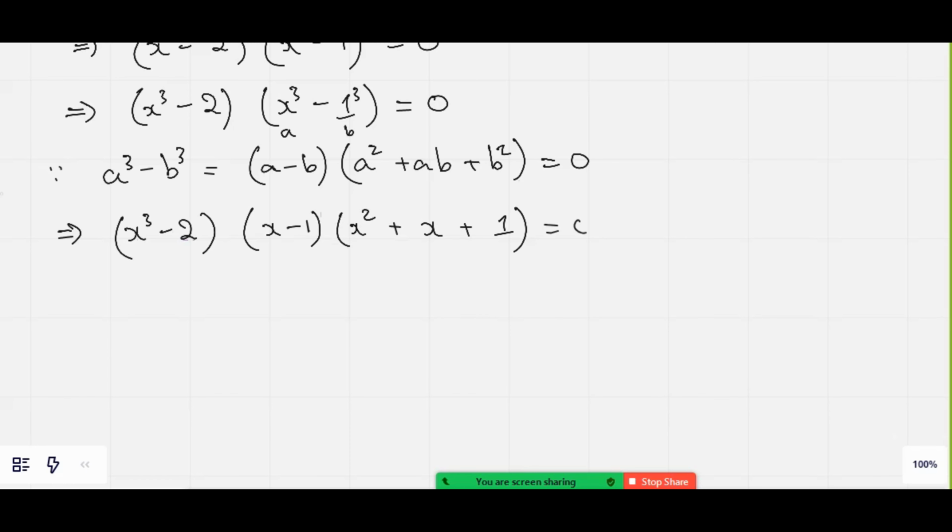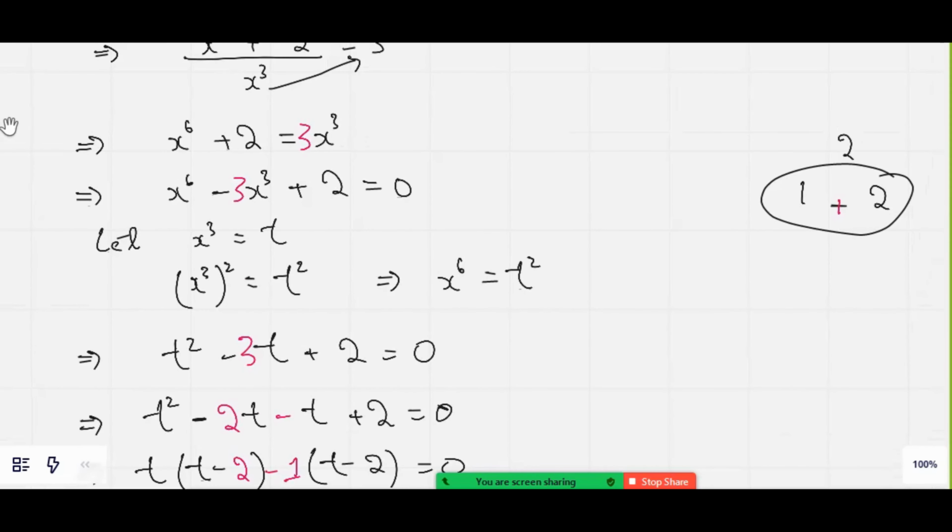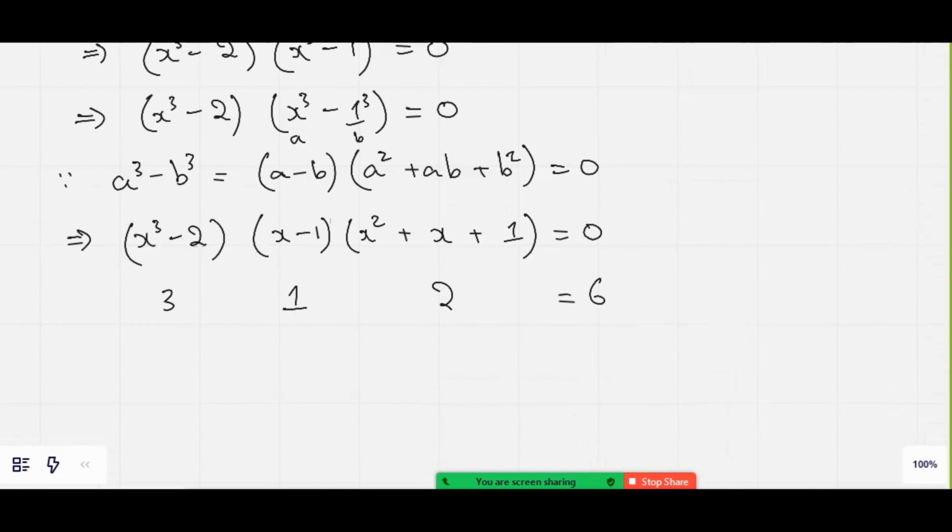It looks like you're having just 3 factors, but when you add up the degree of all these factors, you get the degree of the basic equation that was given, that was 6. This factor has degree 3, this factor is linear, having degree 1, and this factor is quadratic, which is degree 2. You sum up all these degrees, it gives you 6, which is the degree of the basic equation. So our factors are just fine.